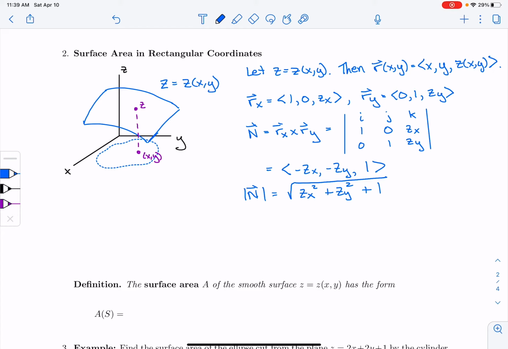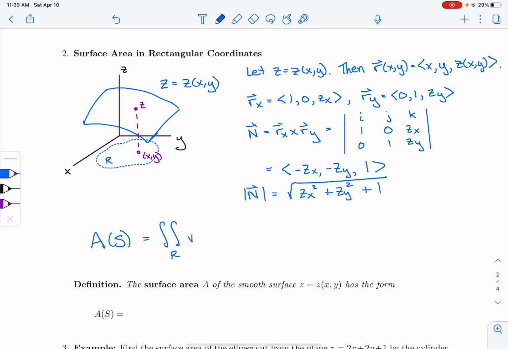So now that we've parameterized the surface and found the normal vector by taking the cross product of my two tangent vectors, the derivative of r with respect to x and the derivative of r with respect to y, the area of the surface is simply a double integral over the region R in which x and y live.